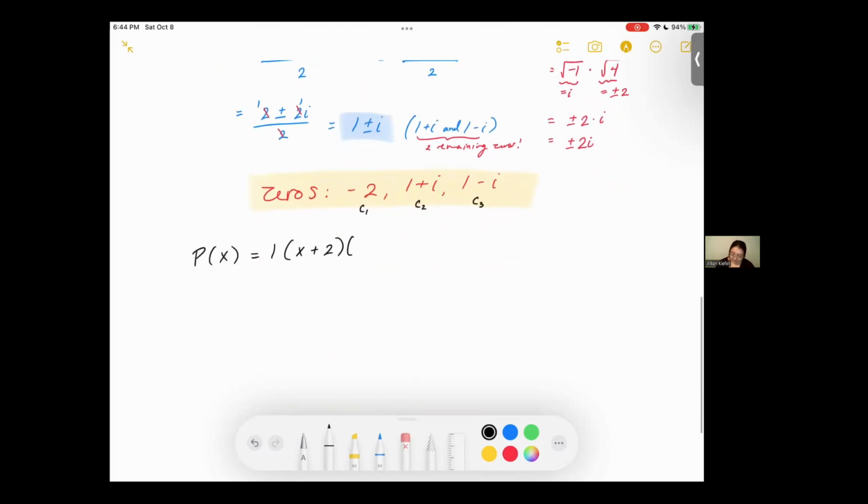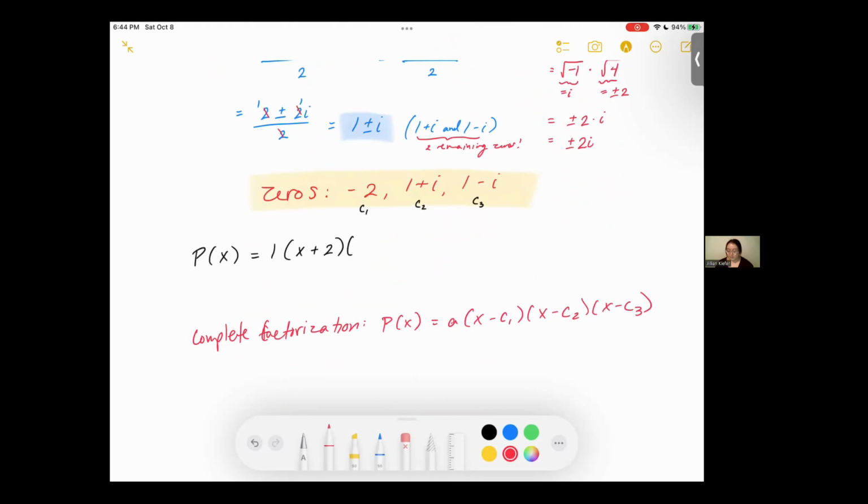So the complete factorization, if you forget, is that p of x would be equal to a times x minus c sub 1 times x minus c sub 2 times x minus c sub 3 for a problem like this, because there's 3 zeros, so there's 3 factors.